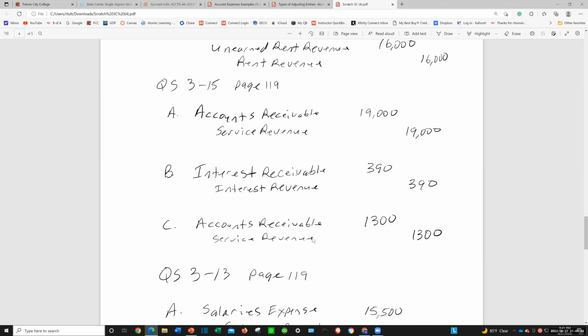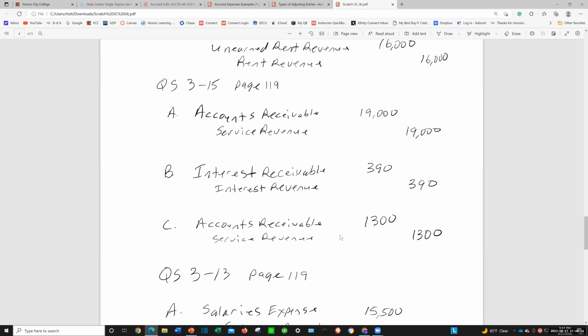So we're going to record service revenue as a credit, 1,300. But yet we haven't received the cash, so it's going to go to accounts receivable. So for C, debit accounts receivable 1,300, and credit service revenue 1,300. Okay, pretty easy. I like these because it's pretty easy.